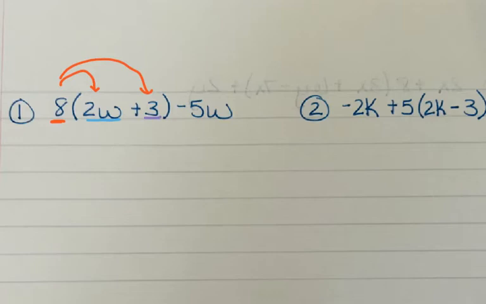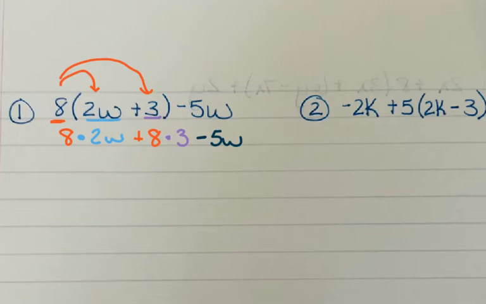So I end up with 8 times 2w plus 8 times 3. And I'm not distributing to the term outside the parentheses, so it's only distributed twice.